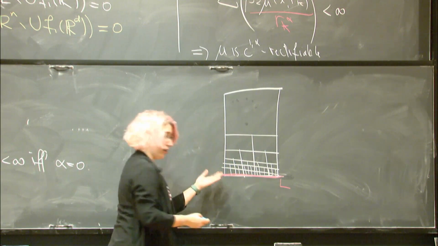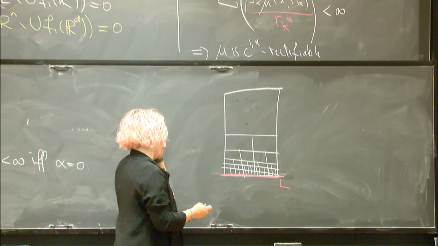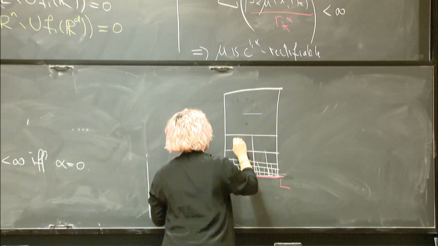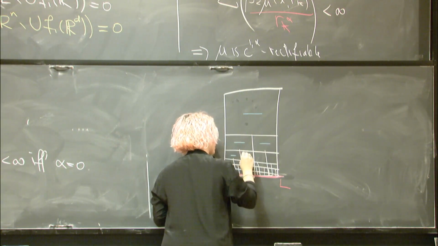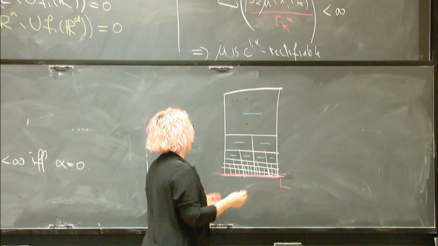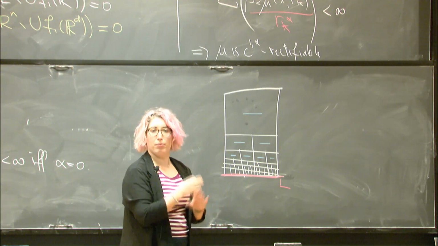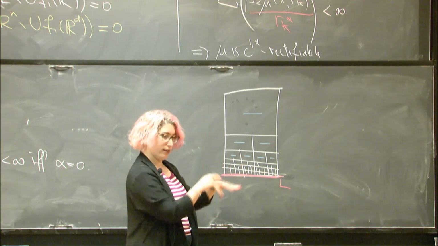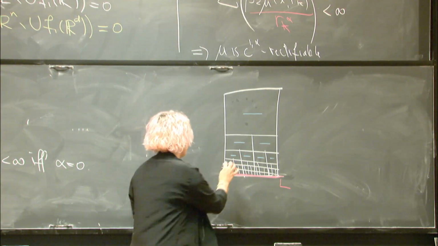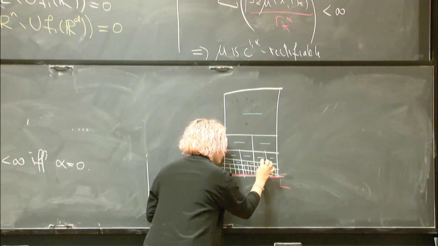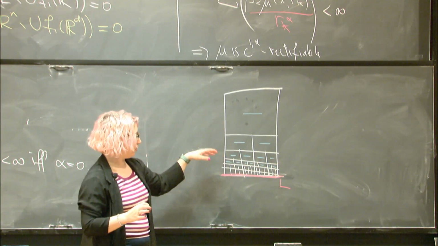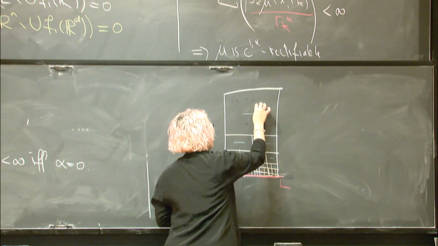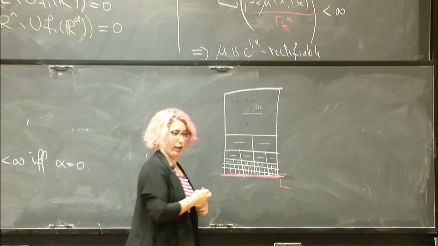Okay, and now I'm going to define a measure. In each box, I want to put a segment. In fact, they could be delta masses, but in this way it's absolutely continuous, so it's nice. So you put all these segments, and now I'm giving to each of these segments a weight mu k.